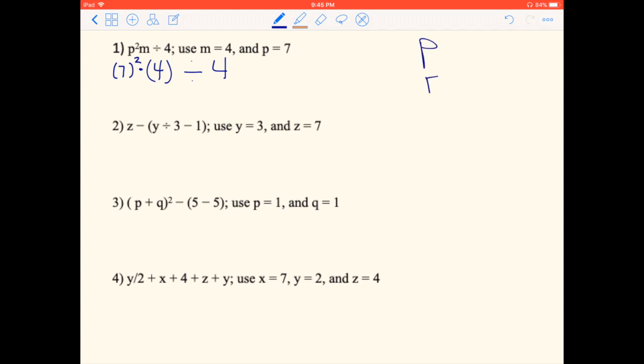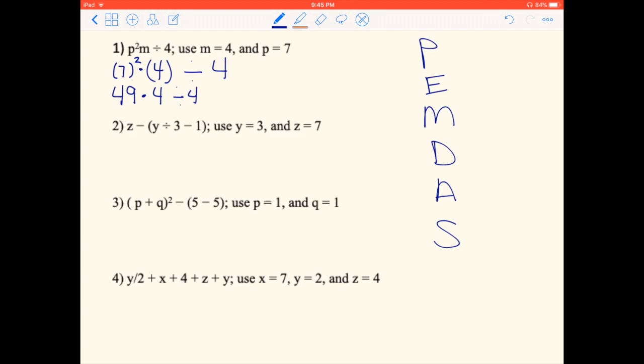So then I'm going to remember my PEMDAS. Parentheses, exponents, multiplication, division, addition, and subtraction. So we have no parentheses. Then we have exponents. So 7 squared is 49 times 4 divided by 4. So then we do multiplication.